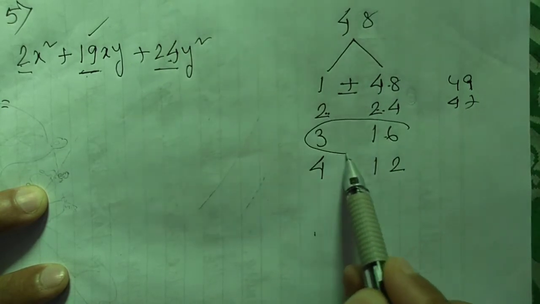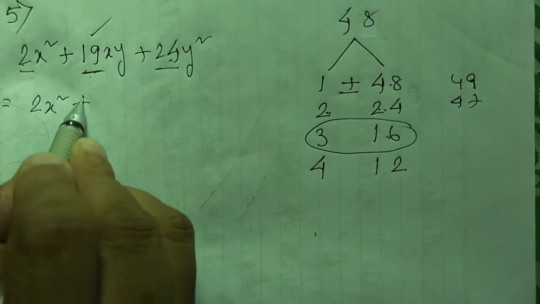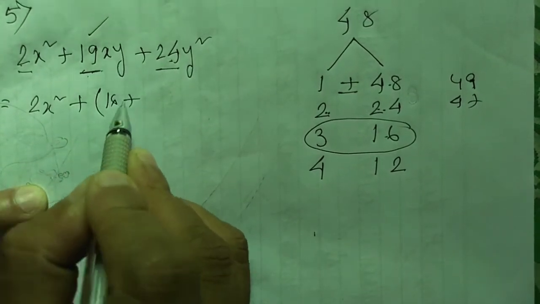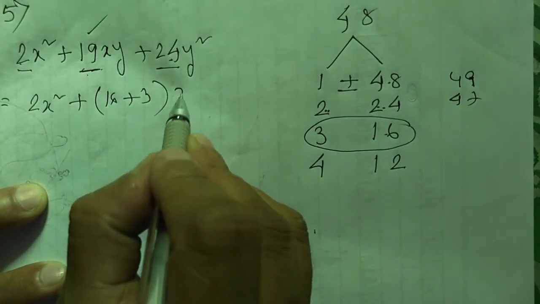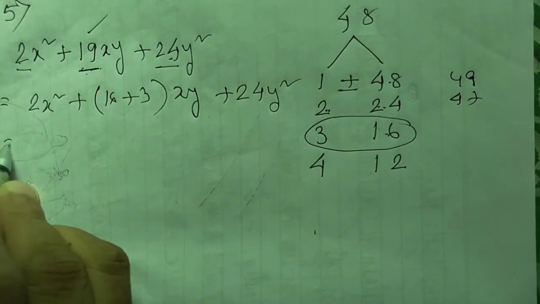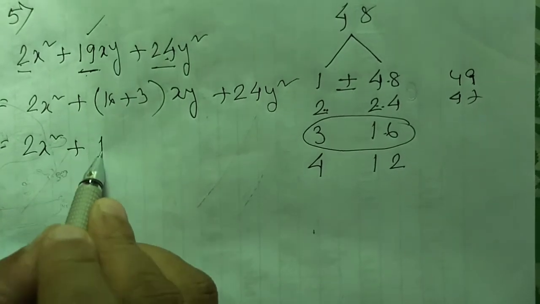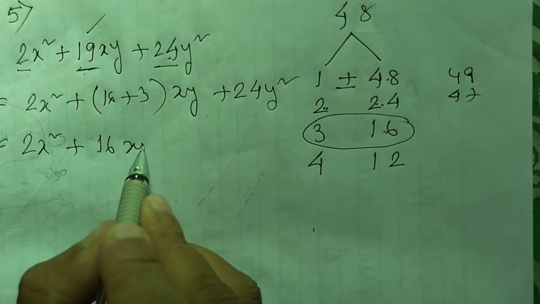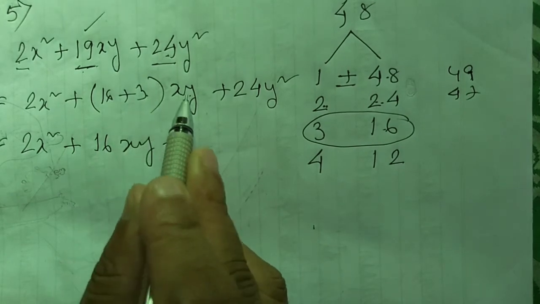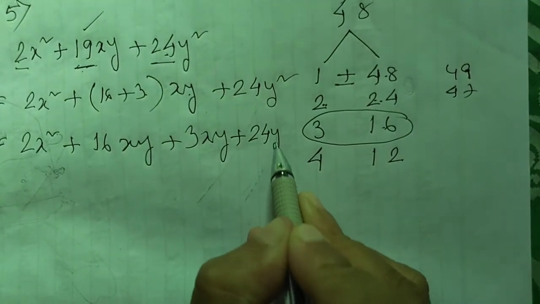So 16 plus 3 is 19. So 2x square plus 16xy plus 3xy plus 24y square.